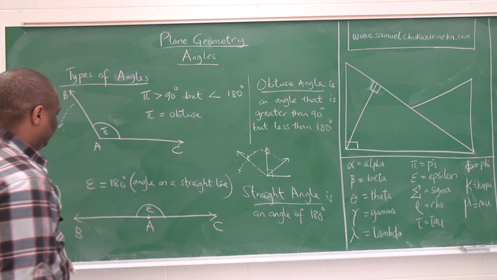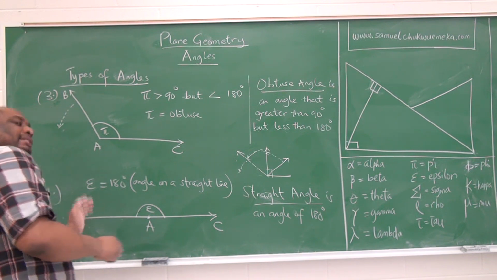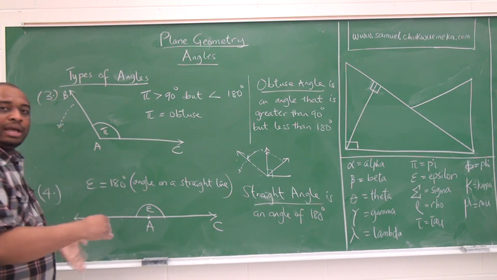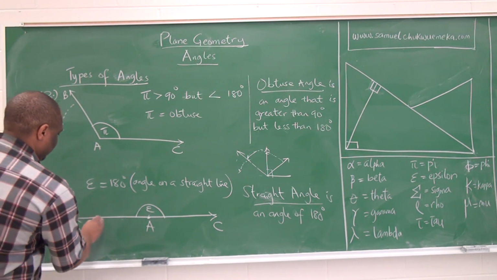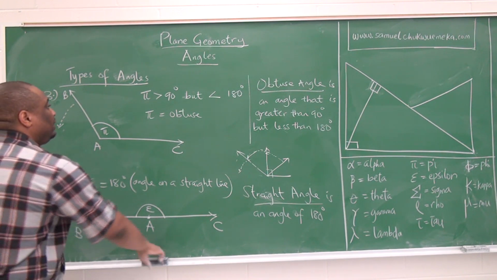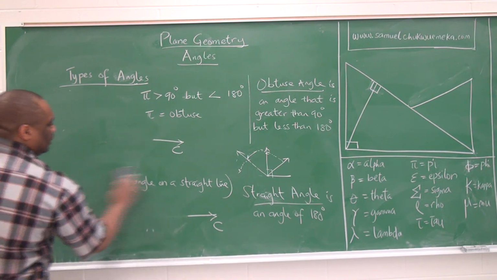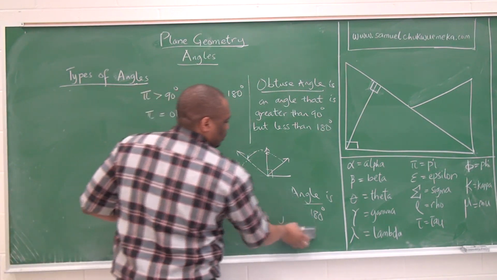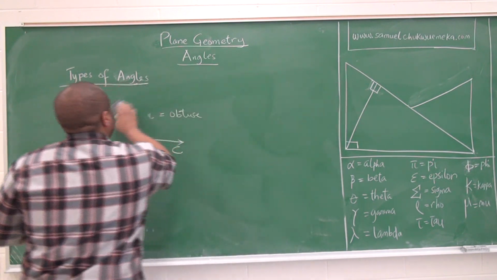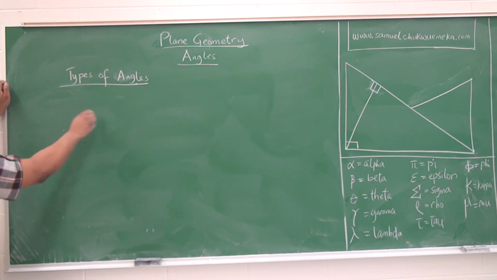Alright, now, what if we keep bending this? Assuming we keep bending B, it will give us the next one, or we'll see what the next one will give us. We can leave B as number 3, but let's look at the next one.